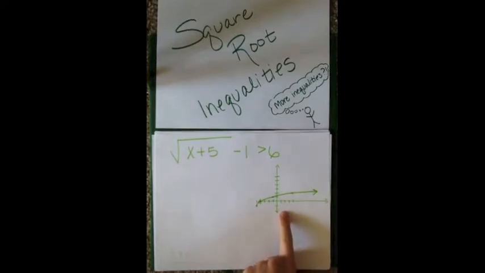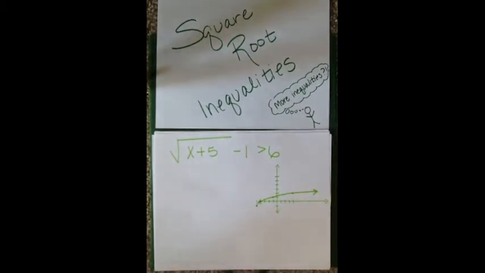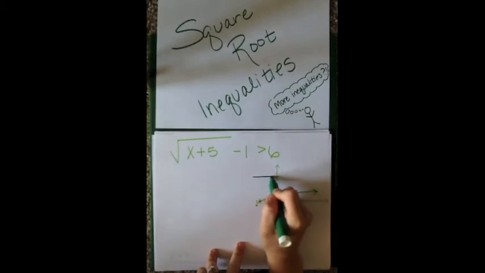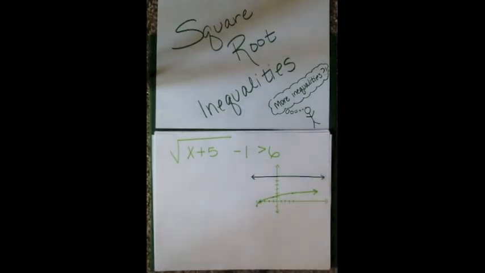Well, I've already graphed the left side of this using all of my transformations. Where is it greater than 6? Well, 6, if I look on the graph, it's way up here. And the square root function is pretty slow growing, so it's not just going to jump way up to 6. It's going to take a while before it gets there.